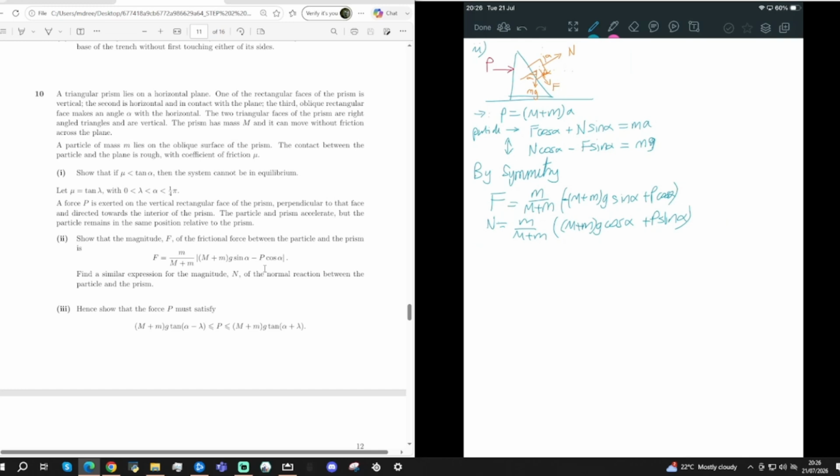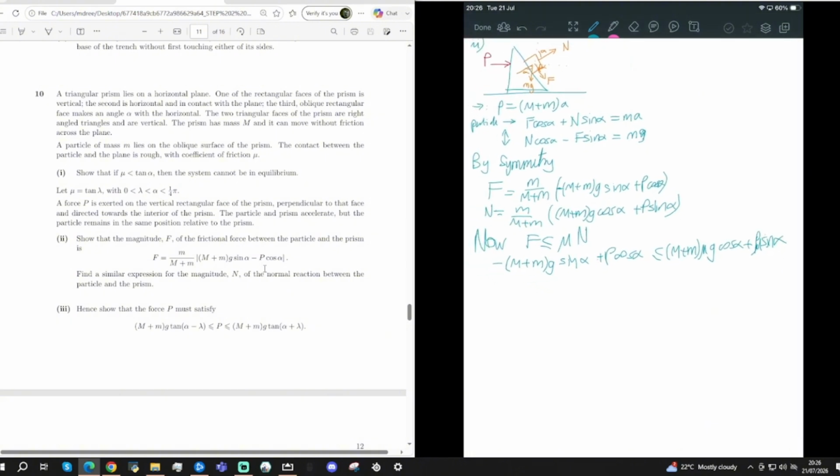So now if we set up the same thing, F is less than or equal to mu N. And if I do the same thing, but now I've got a sign swap, maybe that will be exactly the sign swap that's needed in the inequality. So this thing is less than or equal to mu times (M plus m) g cos alpha plus P sine alpha.